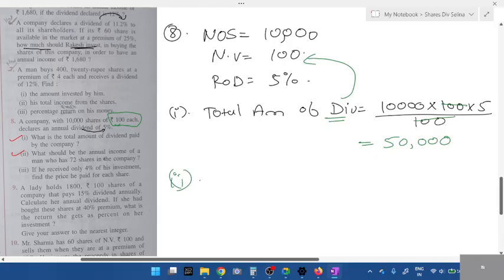Second, look at the second one. What should be the annual income? What do you need to find? Annual income of a man who has how many shares? 72, right? So everything is the same except the number of shares. Nominal value is how much? Rate of dividend?